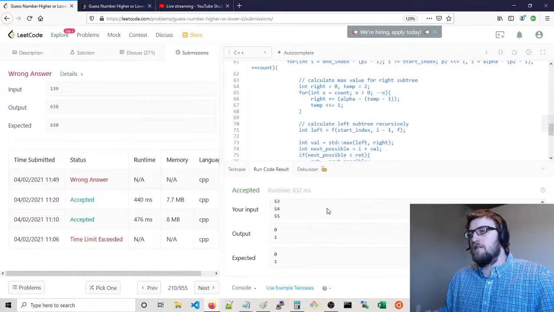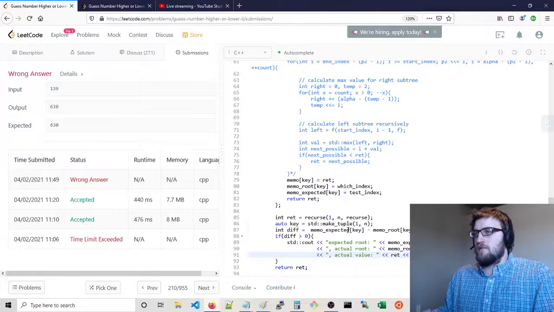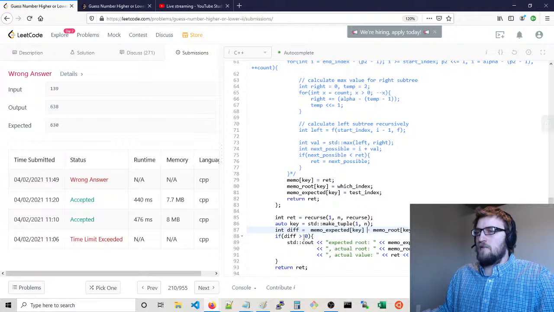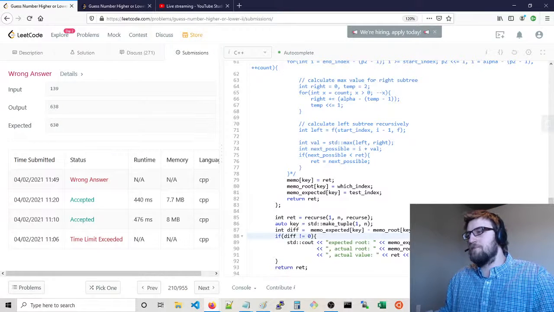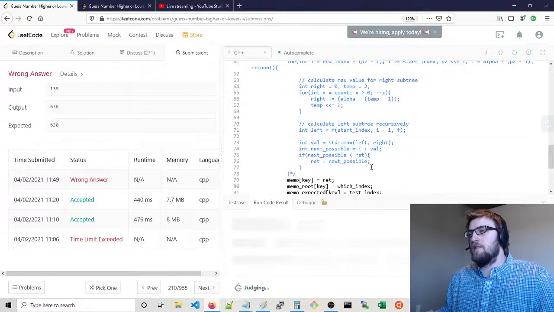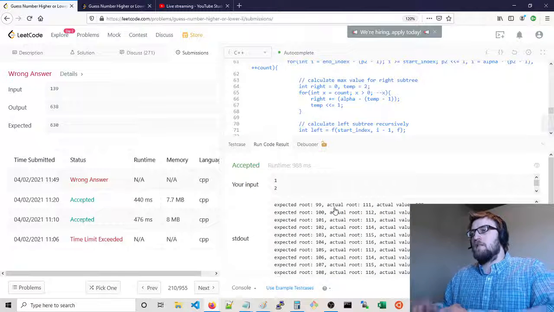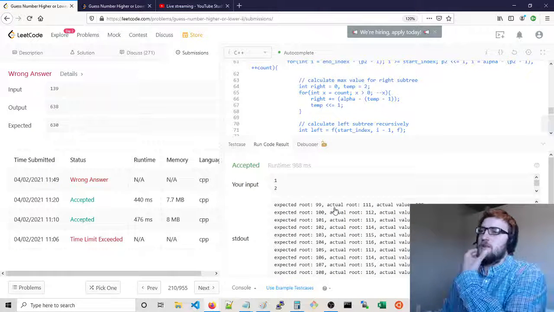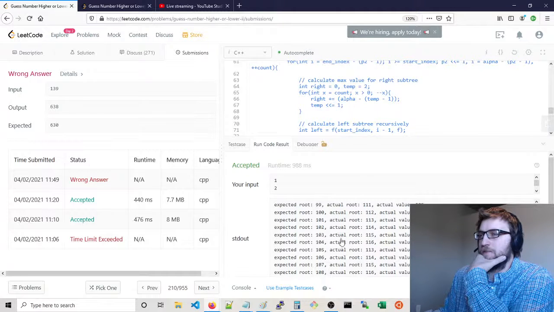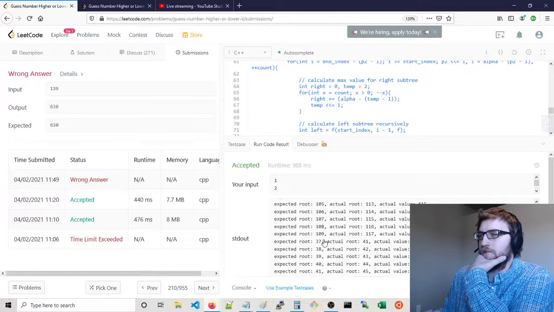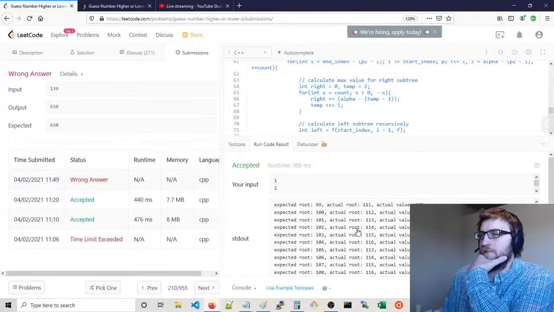Say if it's not equal to 0. So once we get to 111, expected root, the actual root, 113.